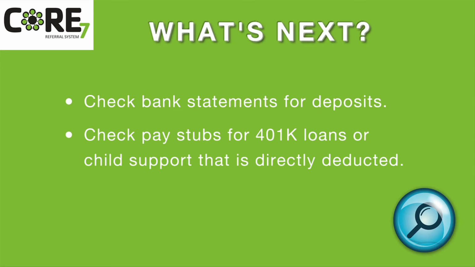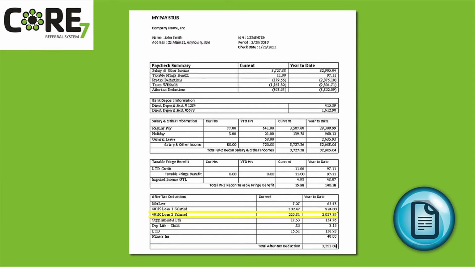Number 2, check the client's pay stubs for any 401k loans or child support that are deducted directly out of the paycheck. These payments may not show on the credit report and will be calculated into your client's debt-to-income ratios.